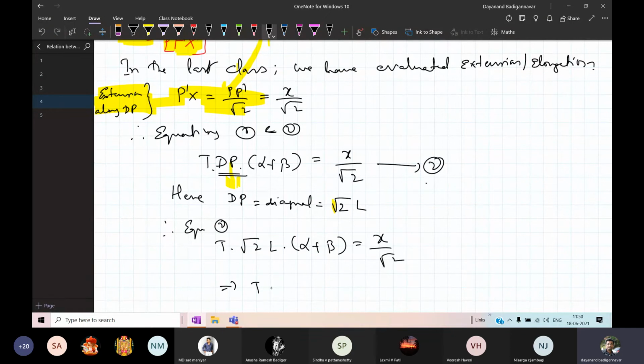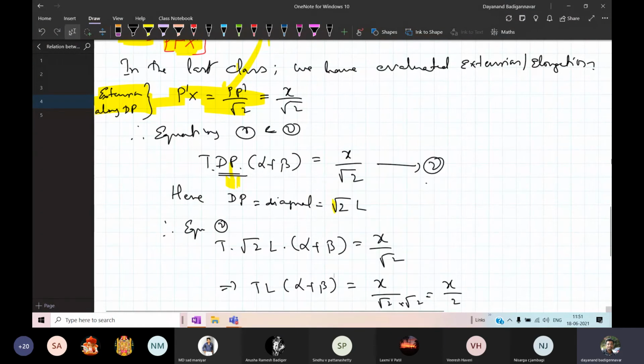Rearranging, T into L into alpha plus beta is equal to X divided by root 2 into root 2, that is X by 2.